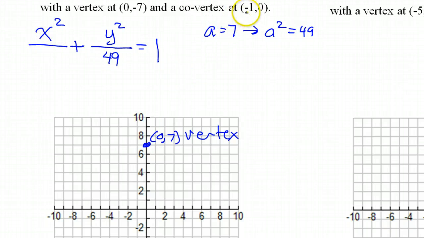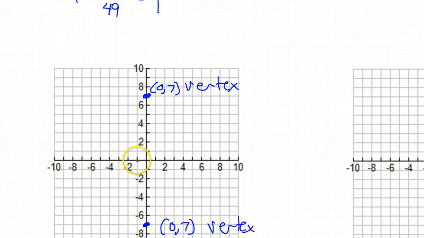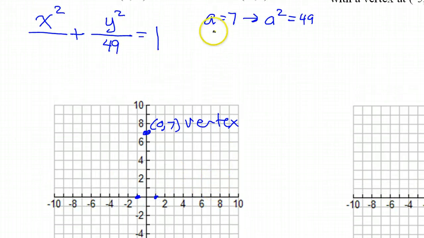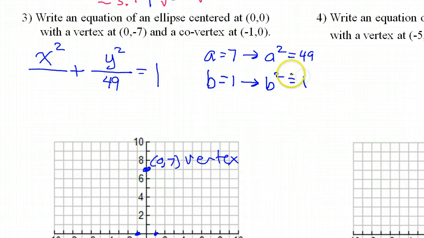So all I need is the other number, the b squared. And here we go. We have a co-vertex at -1, 0. So I have a co-vertex here and here. Because I'm going 1 to the left and right, that tells me that b is 1, which means that b squared is still 1.